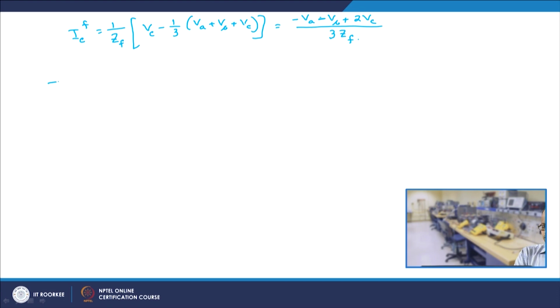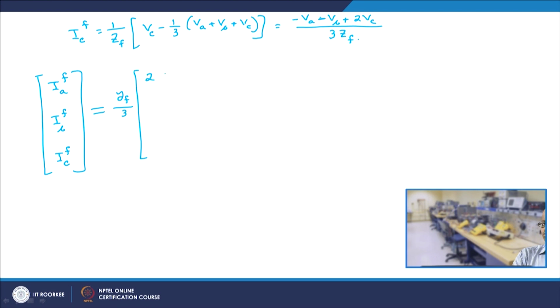If I put all of them in matrix form, it would be YF by 3 times the matrix with rows (2, minus 1, minus 1), (minus 1, 2, minus 1), (minus 1, minus 1, 2), multiplied by the vector of VA, VB, VC.